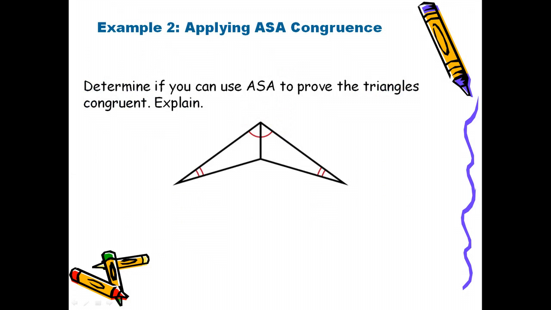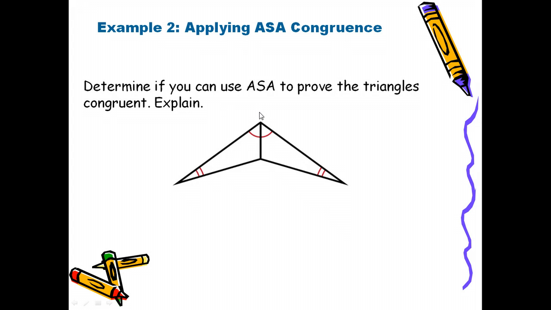Let's look at another example. We're going to determine if we can use ASA to prove the triangles congruent and explain. So we see here that these two small angles in the two triangles are congruent. And these are congruent at the top, which means that this is a bisector, and it's congruent to itself.